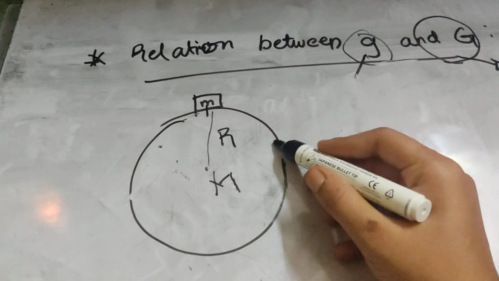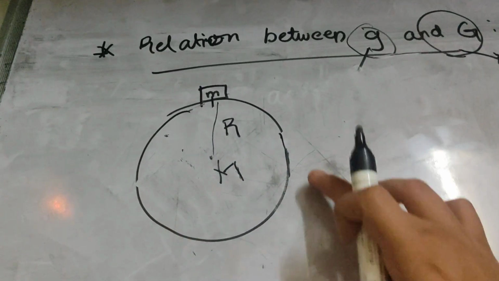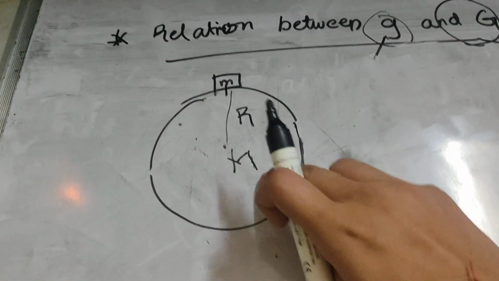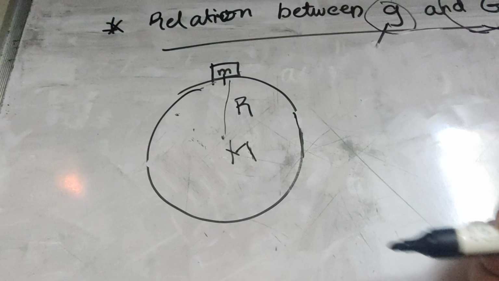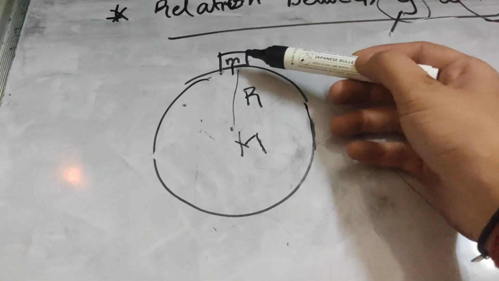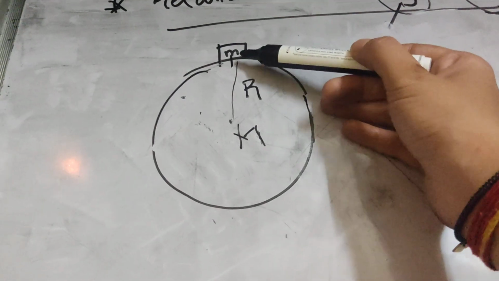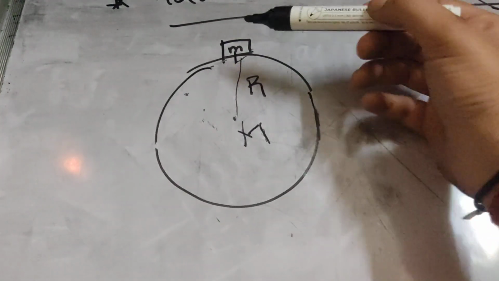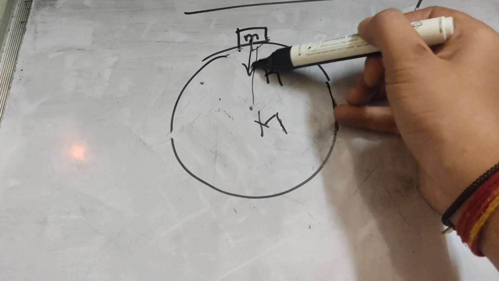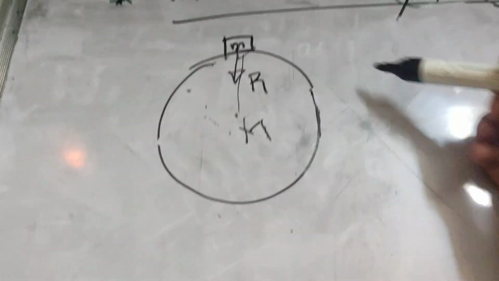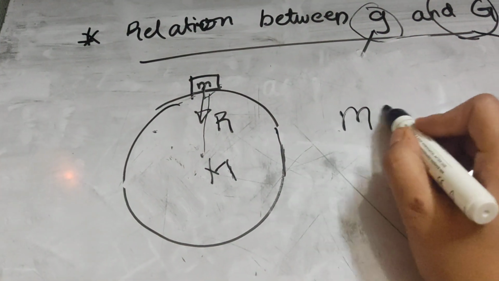Let us consider our planet Earth of mass capital M and radius capital R. Now I am considering a small block of mass m placed on the surface of the Earth, and we know that the weight of this block will be acting downwards towards the center of the Earth as mg.